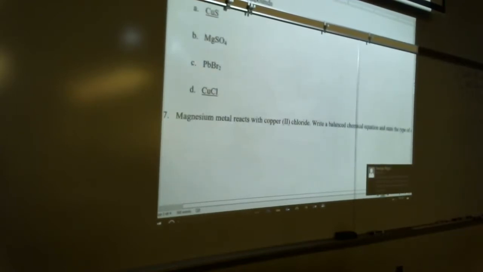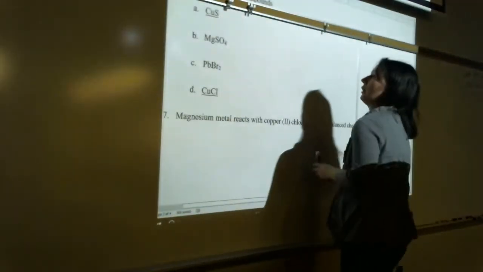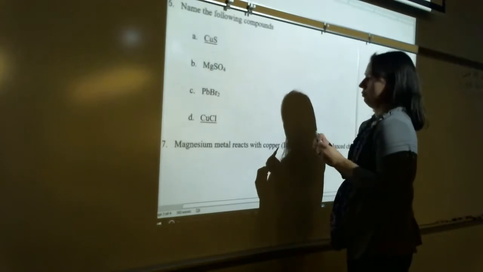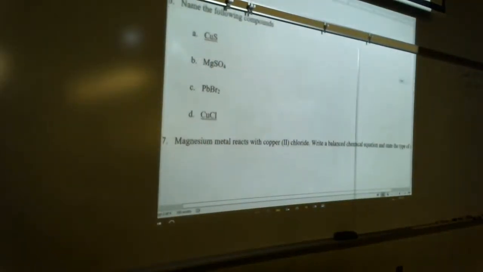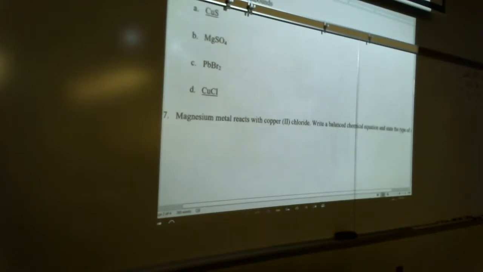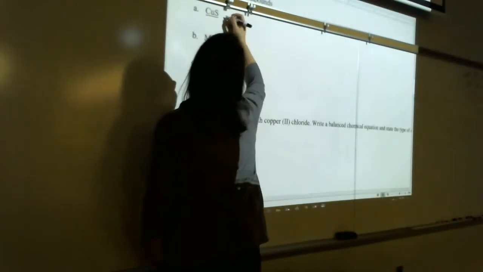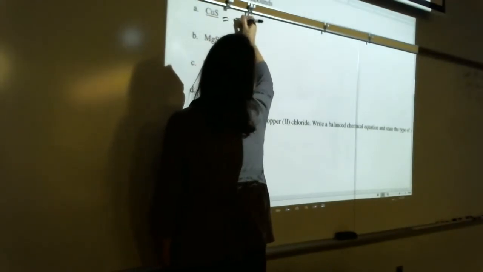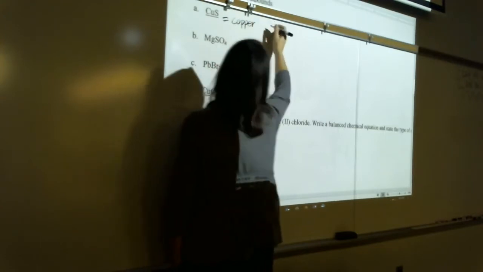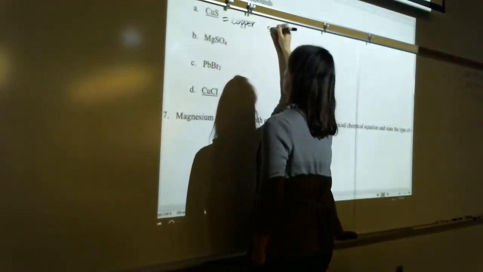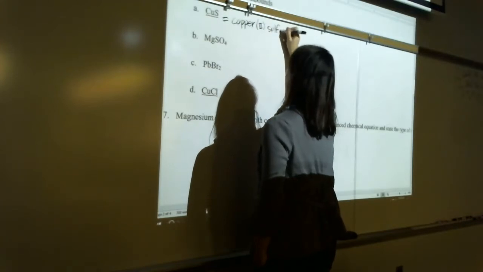Okay, so CuS. What's the name of this? I want more space. There we go. What's the name of CuS? It's not copper sulfide. You're close. There's something missing. It's copper 2 sulfide.